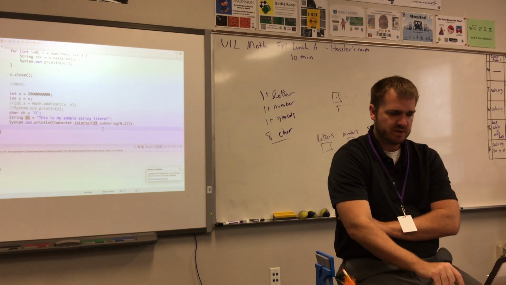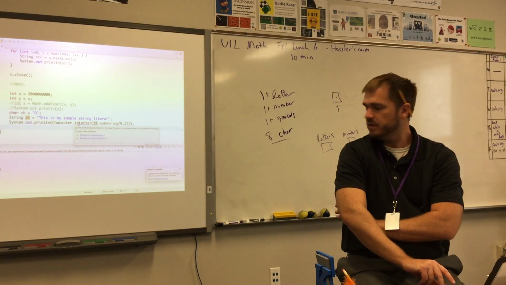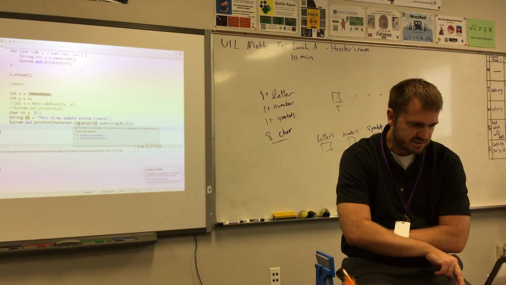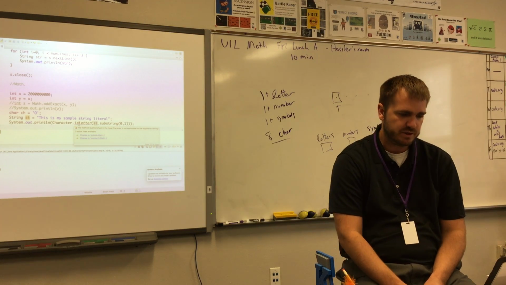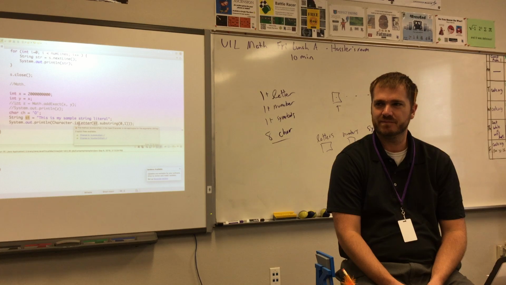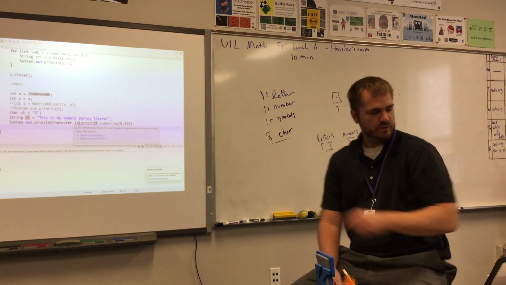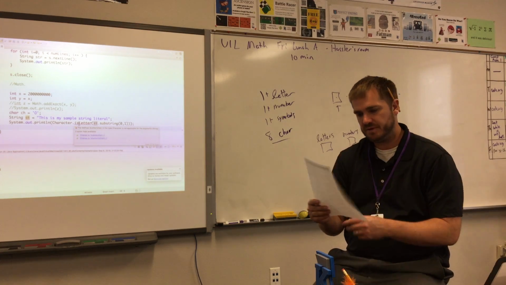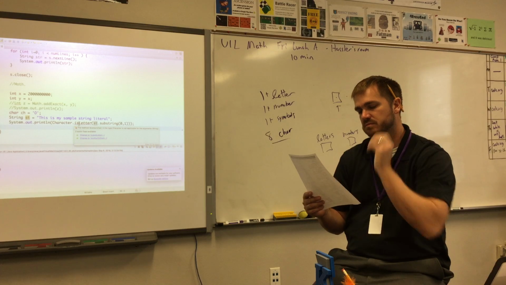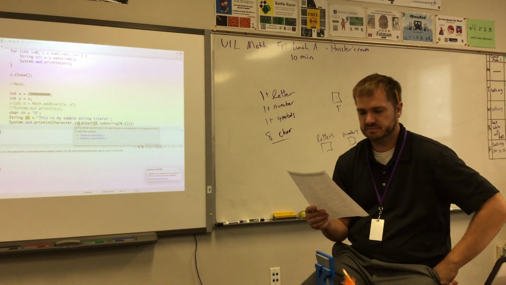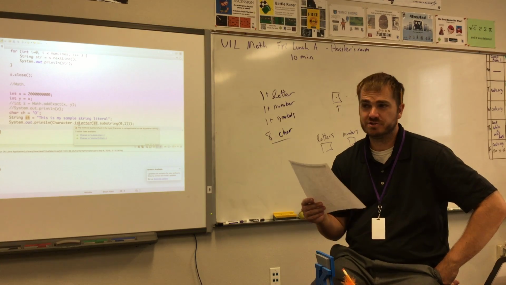So this is giving me a problem because it says the method isLetter(char) in the type Character is not applicable for the argument String. So if you look up there at the substring method, what does a substring return? What's its type? It's a string.